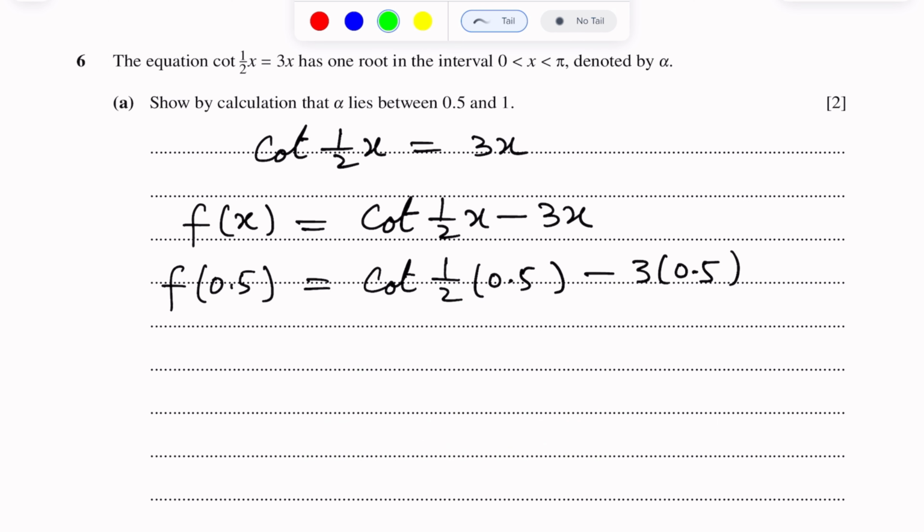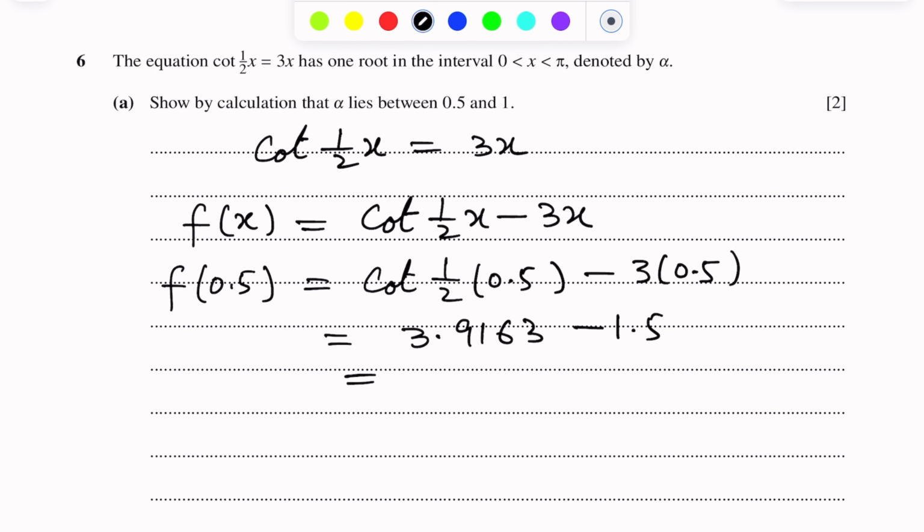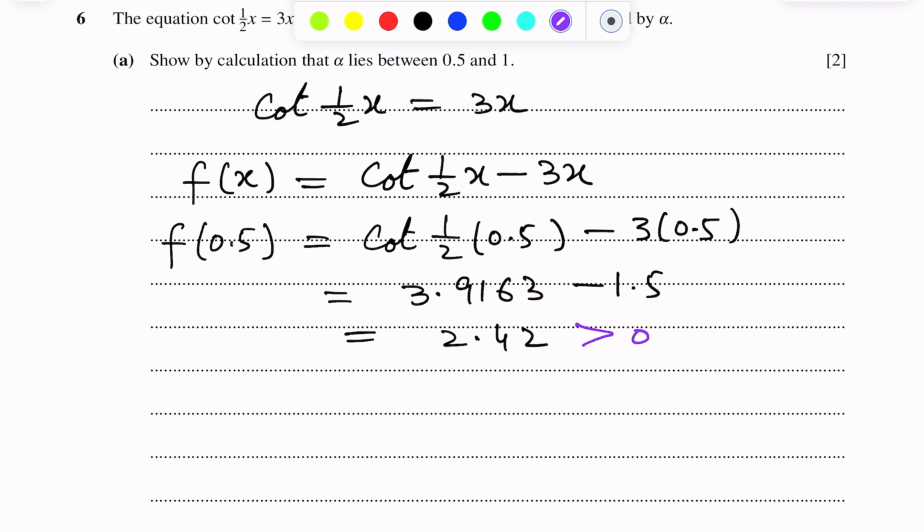After calculation, we get the value of this as 3.9163 minus 1.5. After calculation, we get 2.42. That is clearly positive. 2.42 is positive. This shows that the value of f(0.5) is positive.